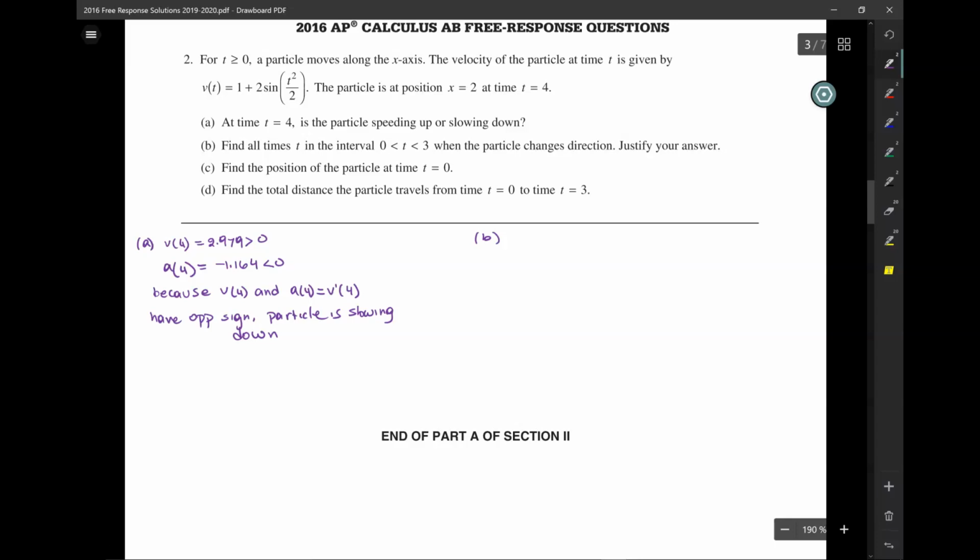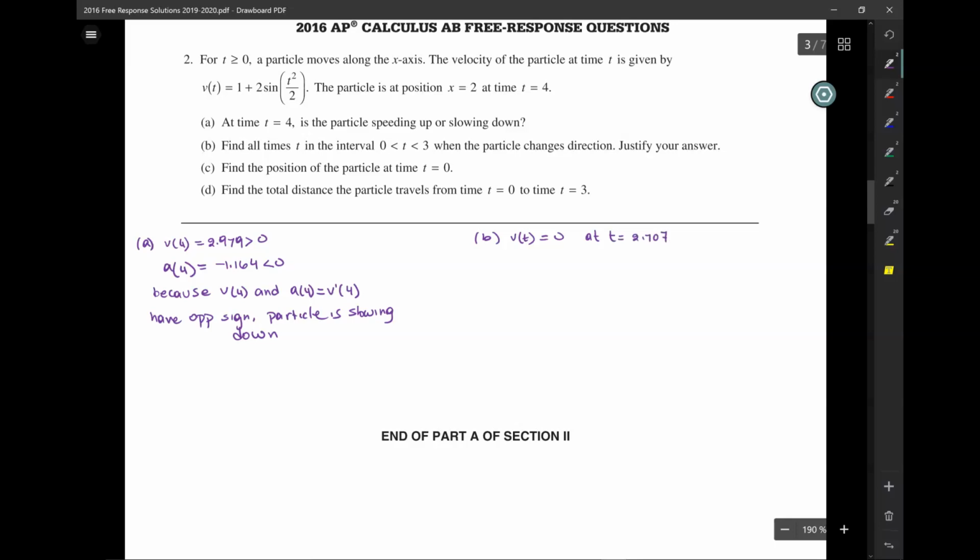Find all times when the particle changes direction, justify your answer. So it's enough here to do V and then a sign line. So V of t is equal to, the calculator part. You don't have to write much down.